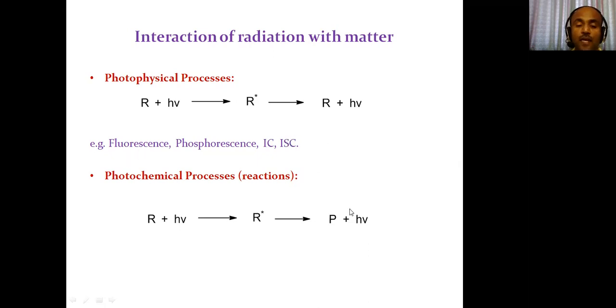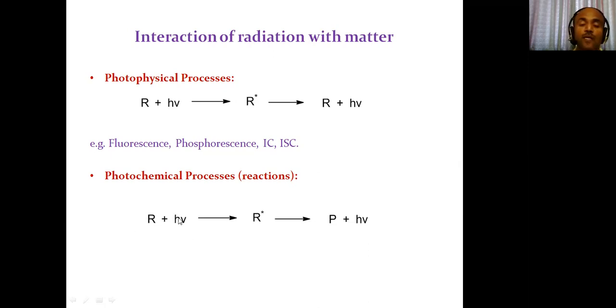Now, what are photochemical reactions? In photochemical reactions or photochemical processes, reactant is converted into product with the help of light radiation. This is indicated here. R is our starting material.